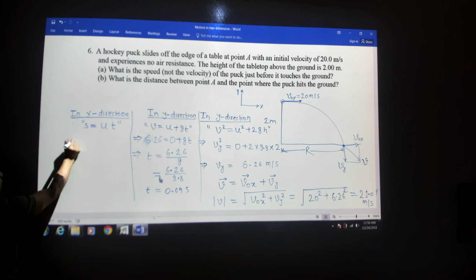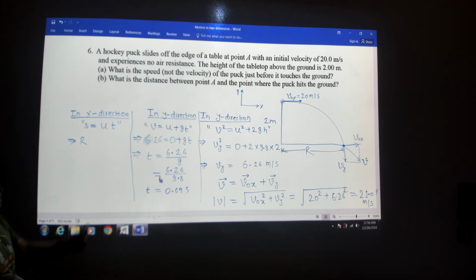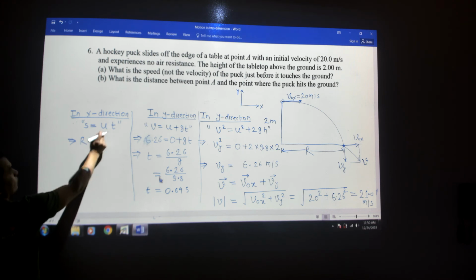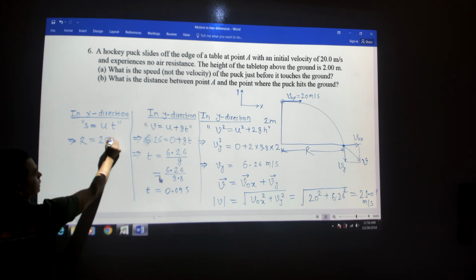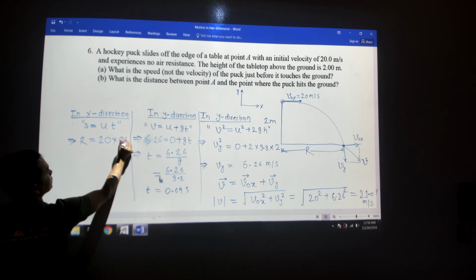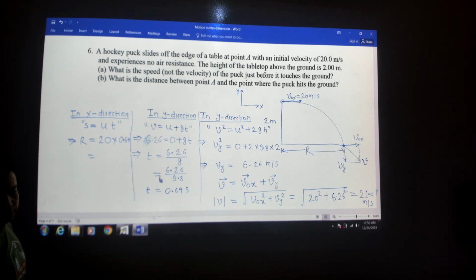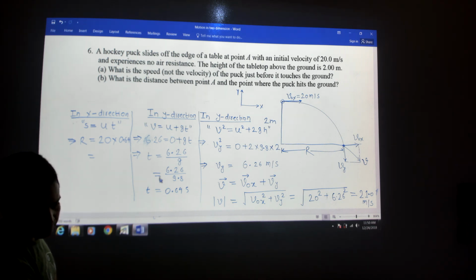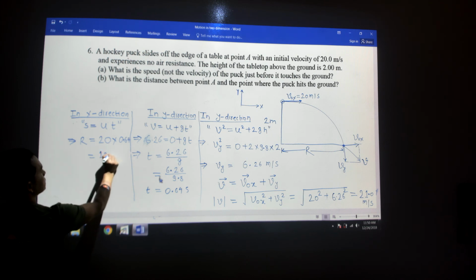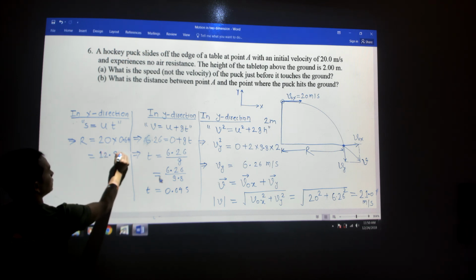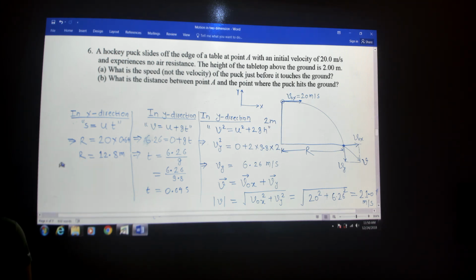Along the x direction we put the horizontal range, because this is the distance, and the velocity is 20 meters per second along the x-axis, and the time is 0.64. So your distance would be 12.8 meters. This horizontal distance is 12.8 meters.